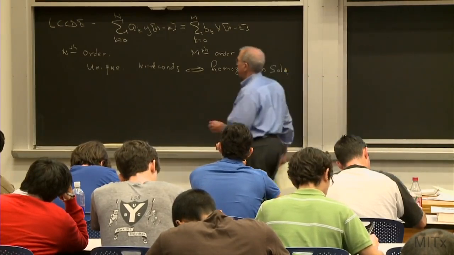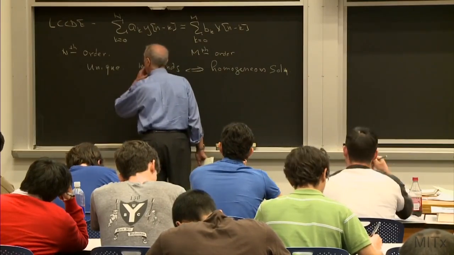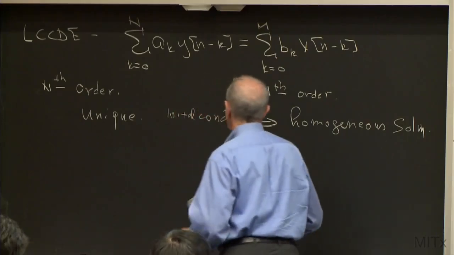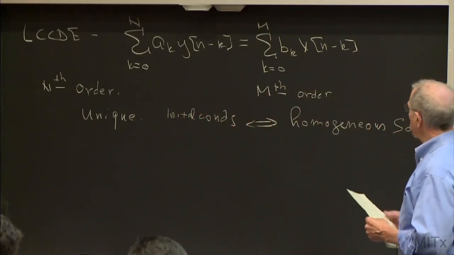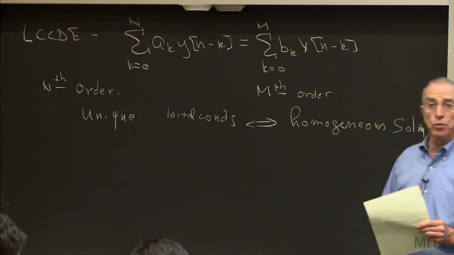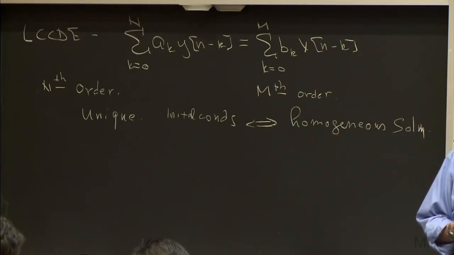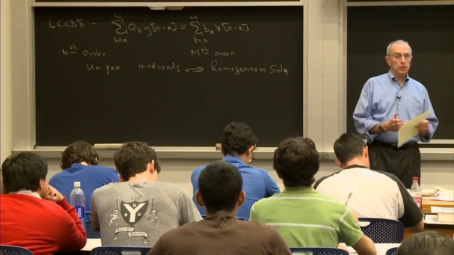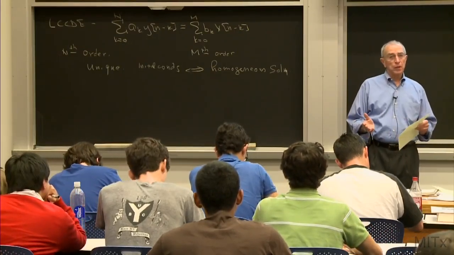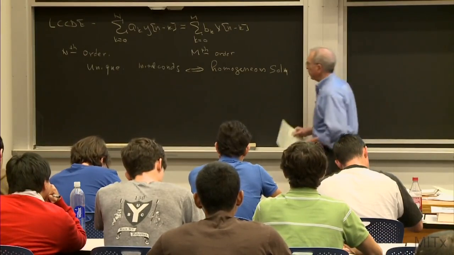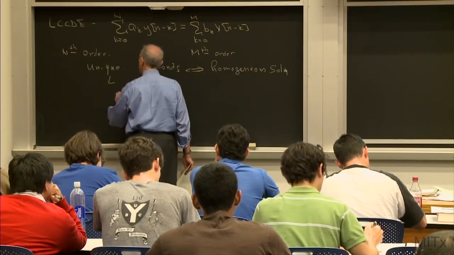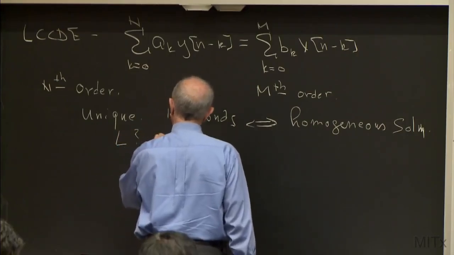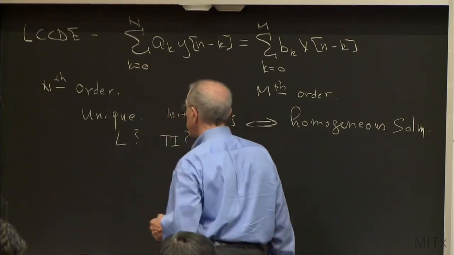So then there are questions that come up of how do I make it unique? Well, maybe I specify something that pins down the homogeneous solution, and now there's a unique relationship between the input and the output. And then in that case, does that correspond to a linear system? Does it correspond to a time invariant system?